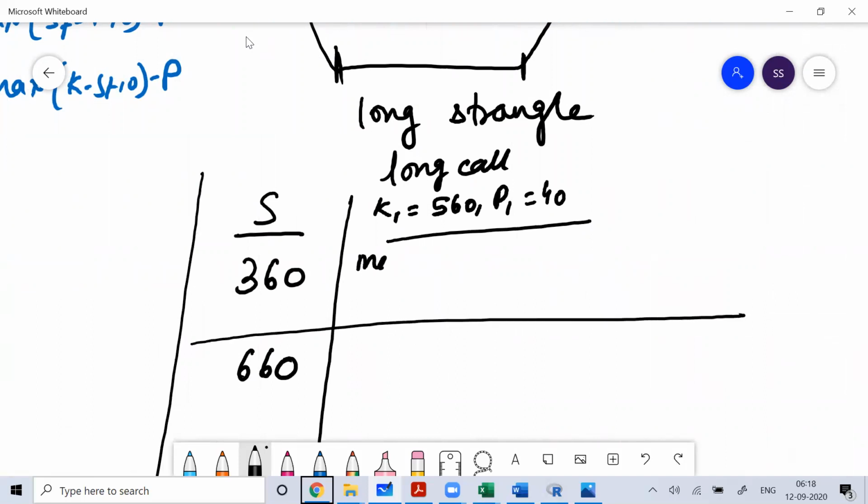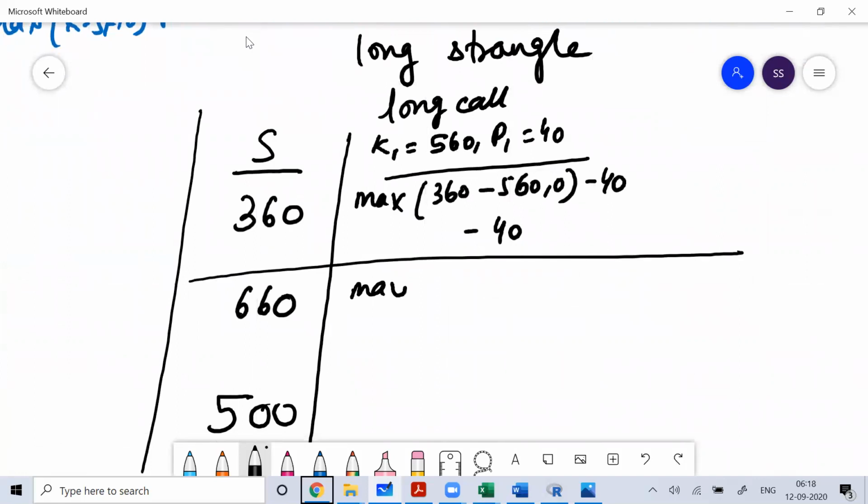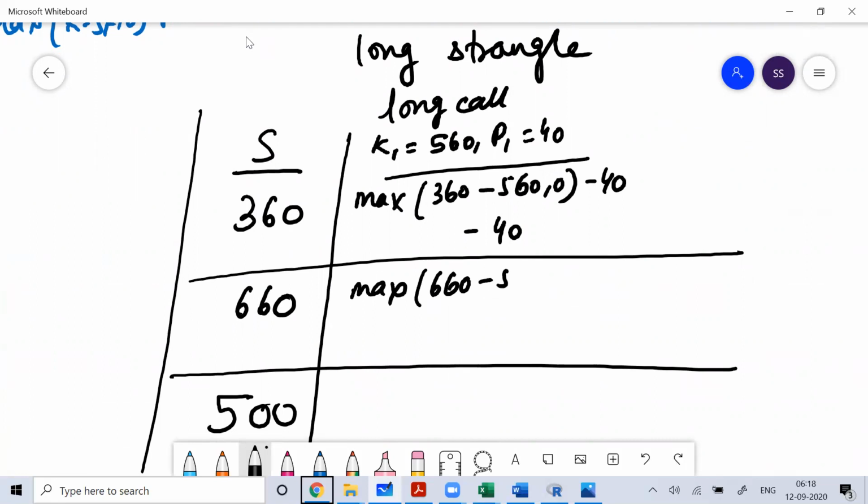So you'll use the formula maximum of 360 minus 560 comma 0, minus 40. So you'll get minus 40. Here you will get maximum of 660 minus 560 comma 0, minus 40. So here you'll get 60.